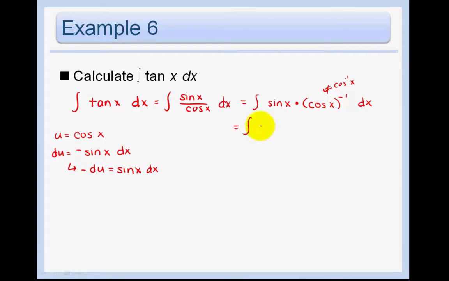Well, if you need to write this out for yourself, go ahead and put it in the order that you need it. Because I now see that this part is just negative du. This part is just my u. Let's pull that negative outside.